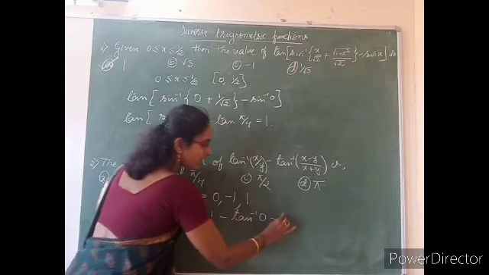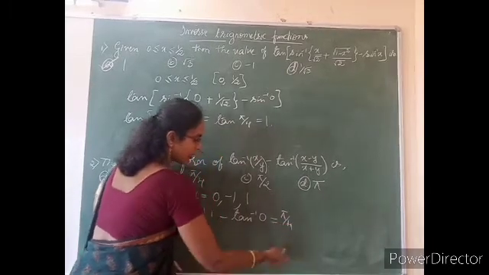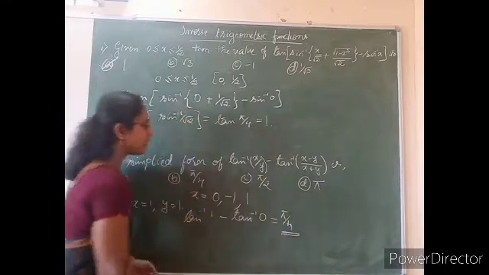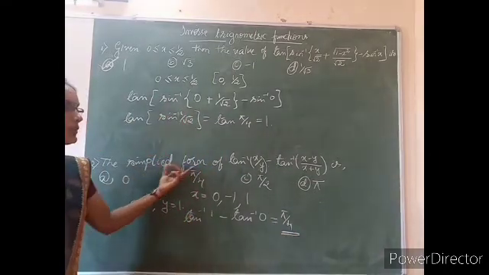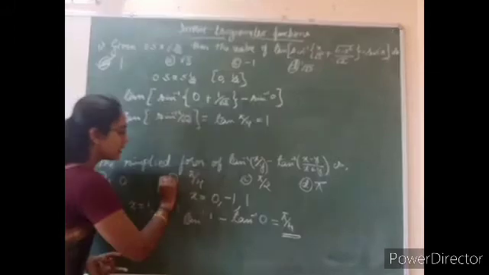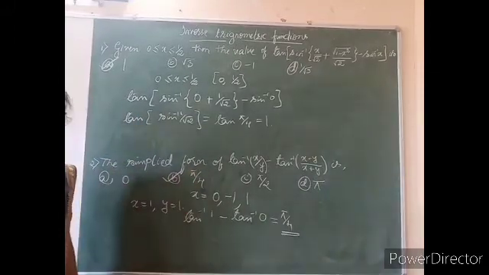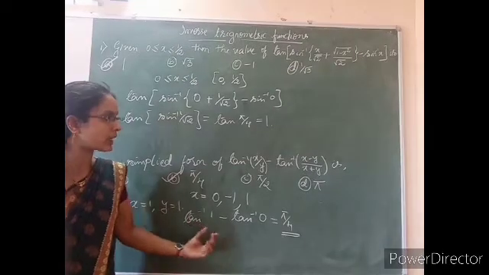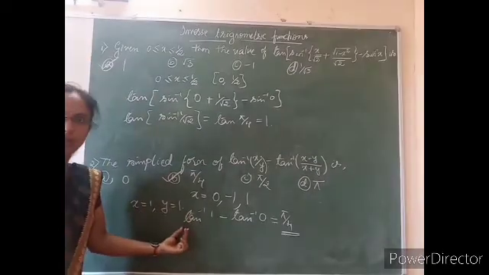Tan inverse of 1 is pi by 4 minus tan inverse of 0, therefore the answer is pi by 4. Therefore the simplified form of this expression is pi by 4. Instead of choosing x equal to 1 and y equal to 1, you can choose x equal to 0 and y equal to 1.